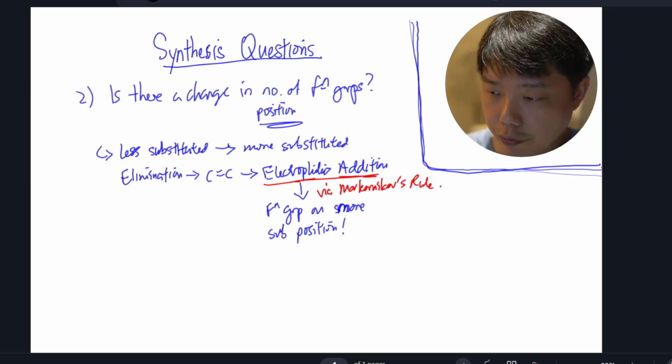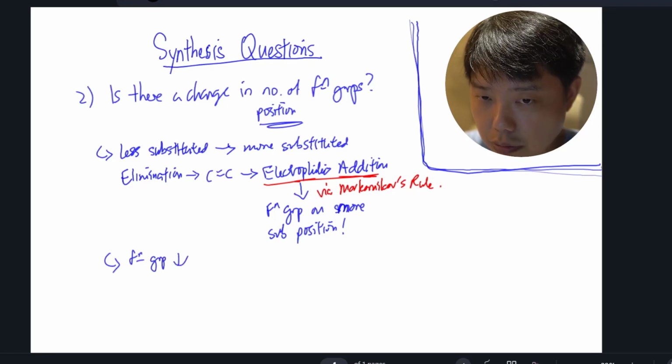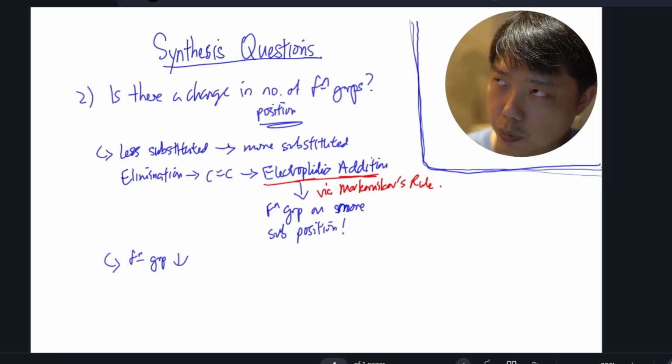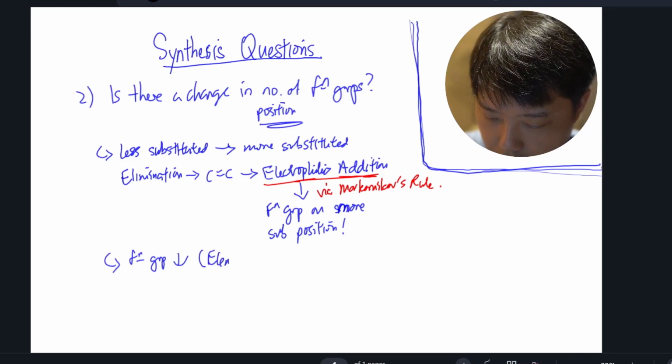How about the number of functional group? Okay, we're not going to really talk about if functional group decreases. If the number of functional group actually decreases, which will mean that you're getting rid of functional group, this is very simple. You basically do elimination.